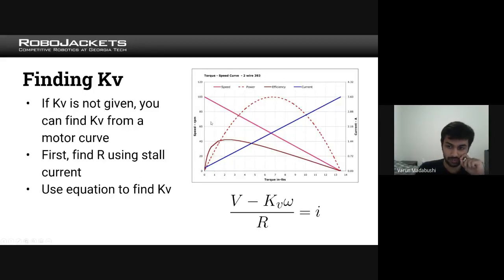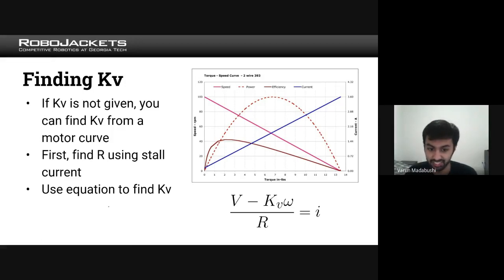One useful thing we can do is figure out kV just by looking at this motor curve. And by figuring out kV, you figure out Ki, and so on. So we look at the stall current, which in this case is 3.6 amps. At the stall condition, remember that the speed is 0.